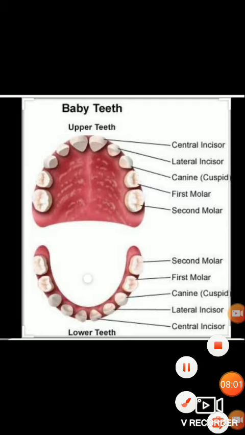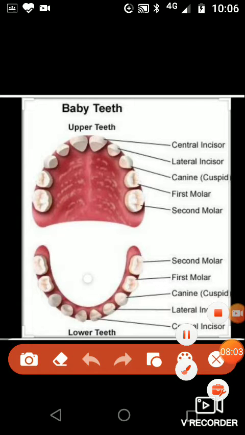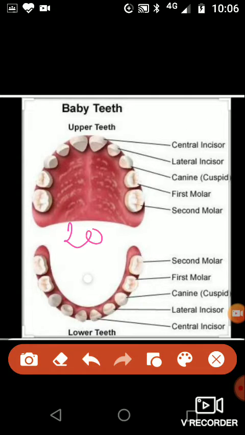In the picture we can see the baby teeth, that is also called milk teeth or temporary teeth. As I told you, milk teeth are 20 in number. We can count them as shown in the picture: 1, 2, 3, 4, 5, 6, 7, 8, 9, 10.